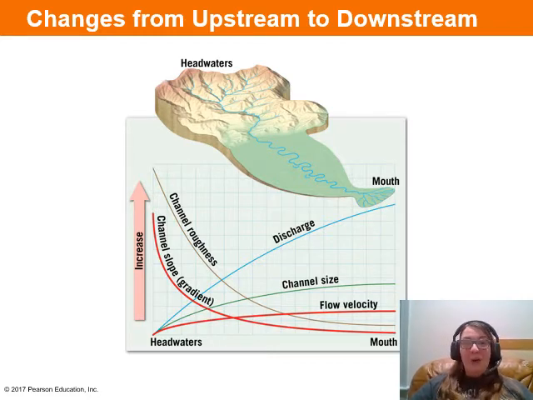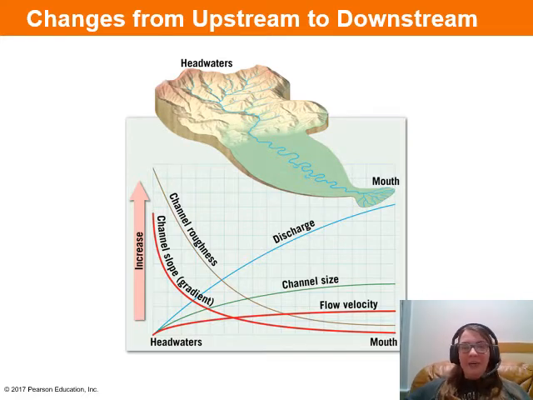And I'm just going to go ahead and tell you, this is one of my favorite questions to ask on an exam. I want you to know how these different factors change between our headwaters to our mouth. You might not need to write a really detailed explanation, but always think about first the gradient.